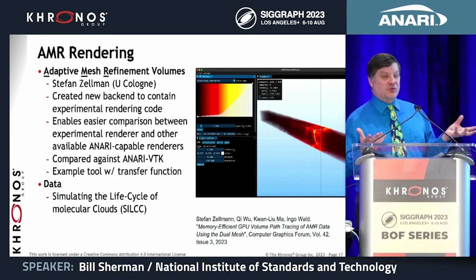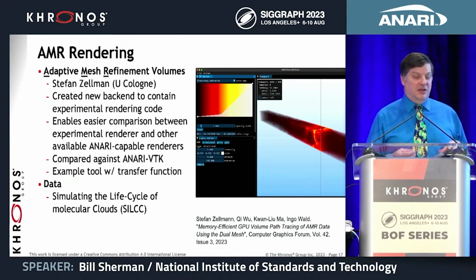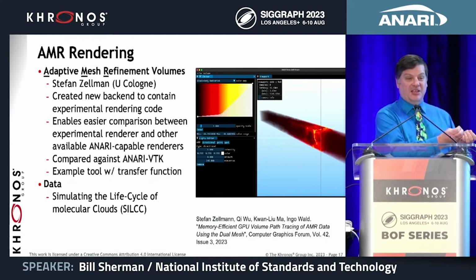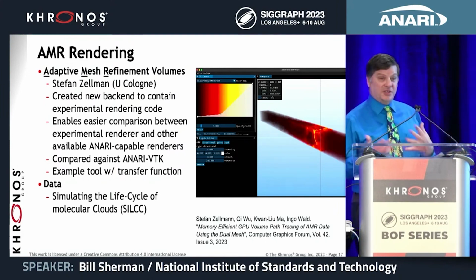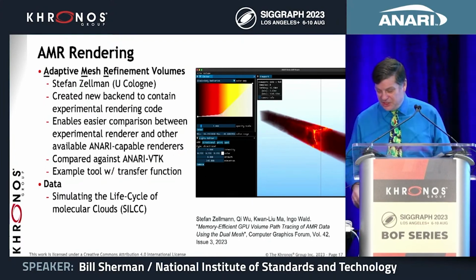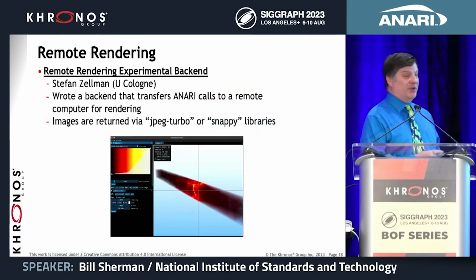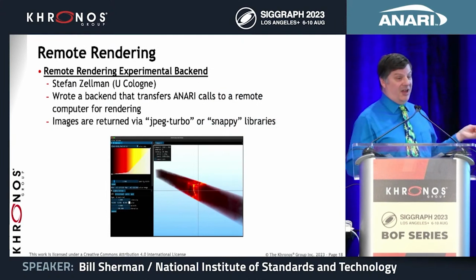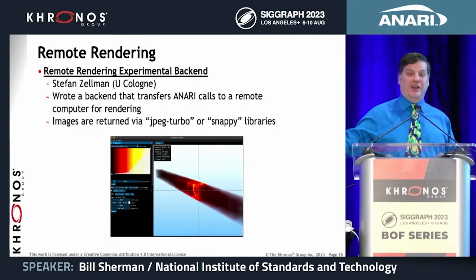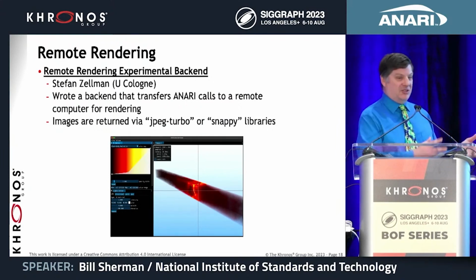So this is really one example of where the big win comes from using Anari, right? You don't have to write your renderer and then figure out how to get your same data into somebody else's renderer once you're using the Anari API. There's a paper about that published earlier this year. I mentioned at the beginning the ability to do distributed rendering. Stefan is the same person who, when he was working on his back end, wanted to render on one big machine, but display it where he was working, at his office somewhere else.